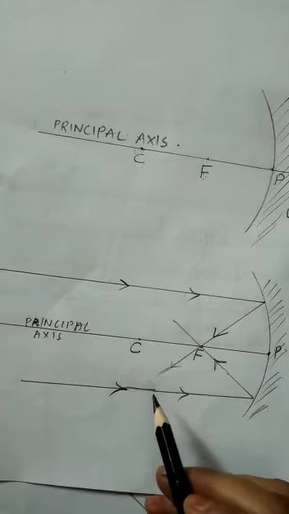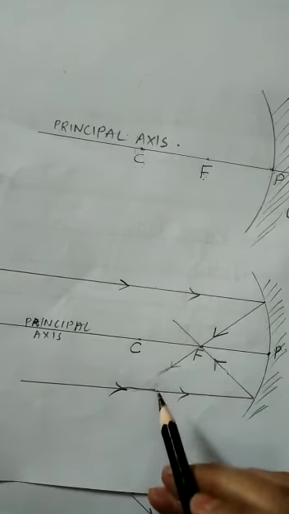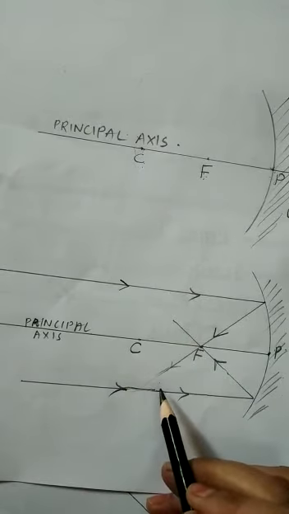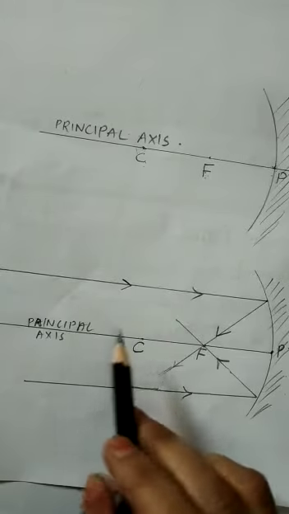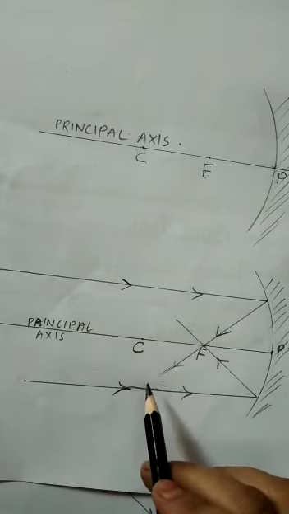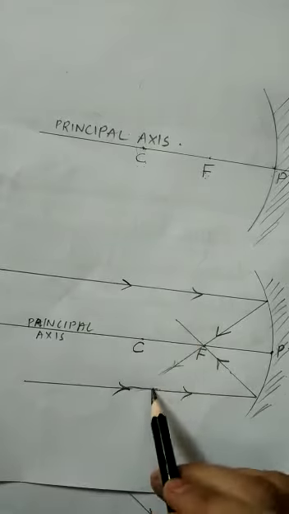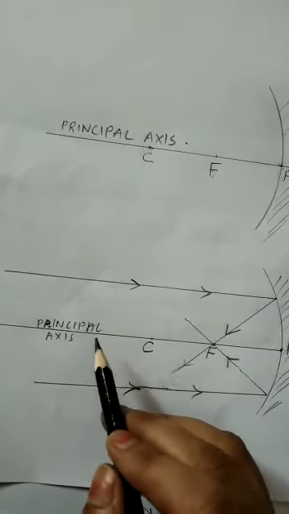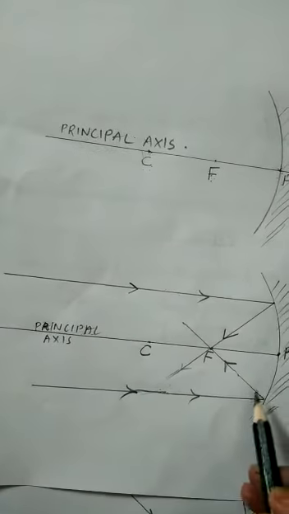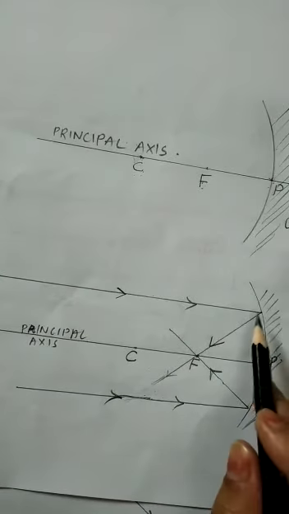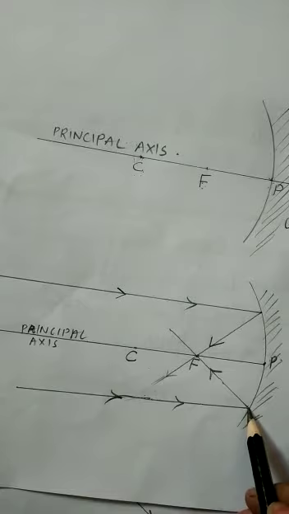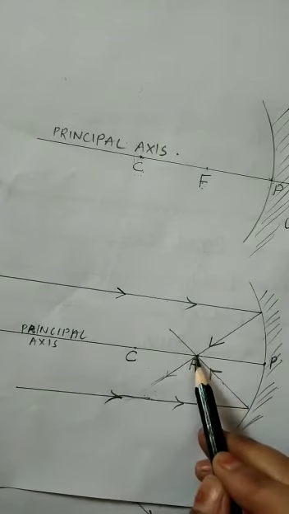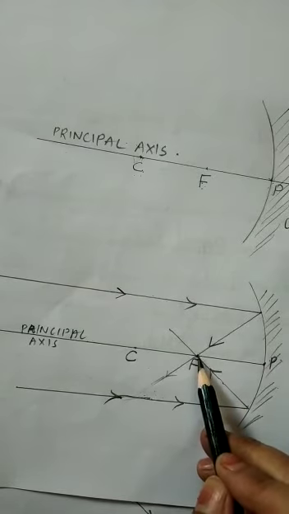I have drawn two incident rays, this one and this one. It is not that we can draw only two. Any incident ray of light which is parallel to the principal axis falls on this reflecting surface of the concave mirror, it will reflect back and pass through a special point, and that point is called the principal focus.